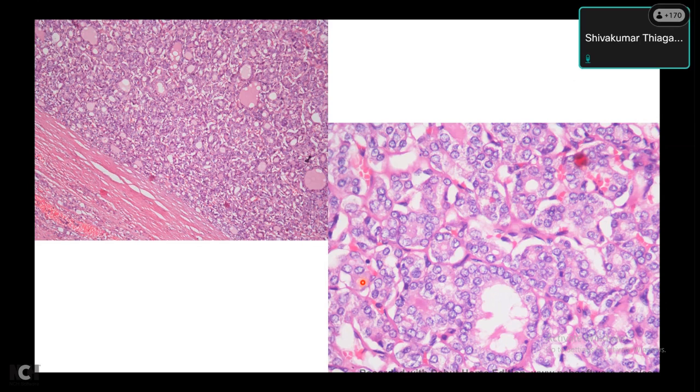But then this is what we have, and maybe it'll be a good idea to just look at that. But since 2012 to 2018, looking at our data set, whatever we have operated, it's a large number, so 40 to 50% of the papillary thyroid carcinoma was labeled as follicular variant of papillary thyroid carcinoma. It is not the encapsulated variant.